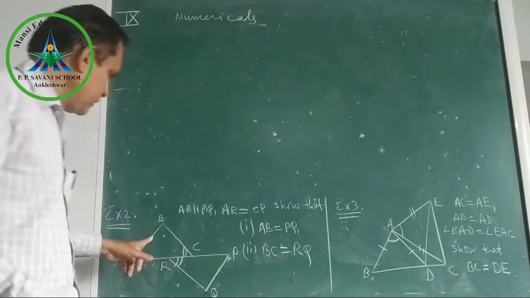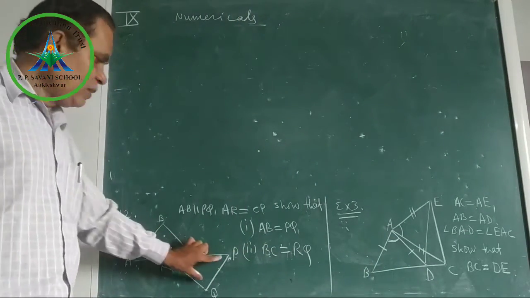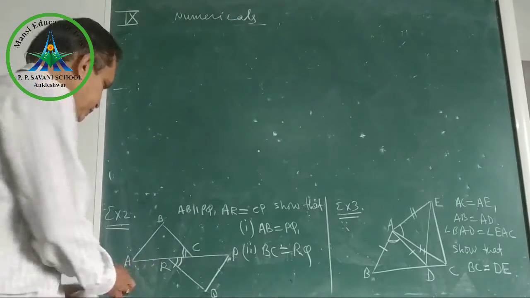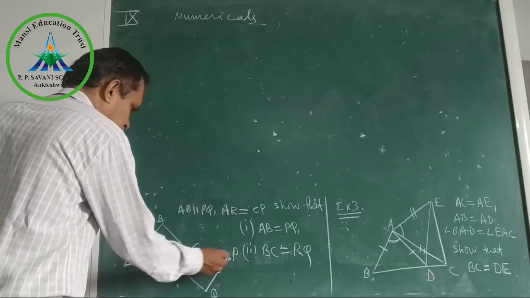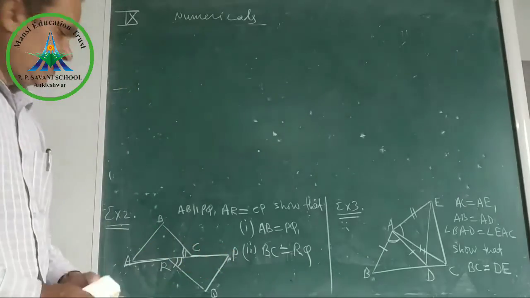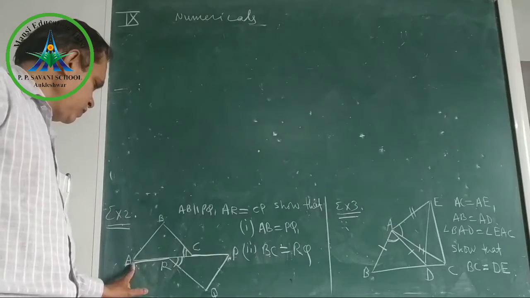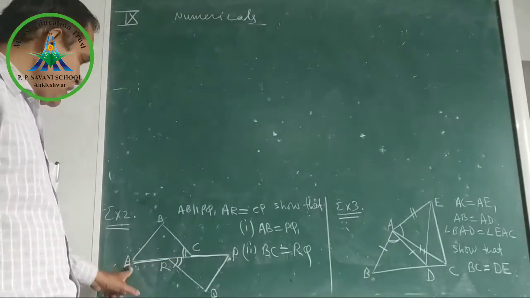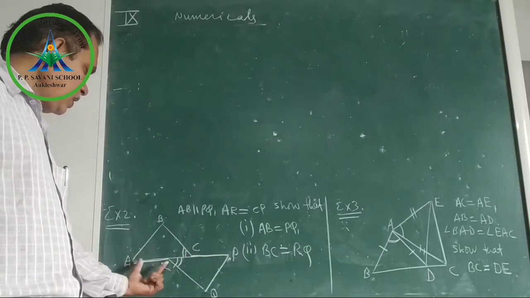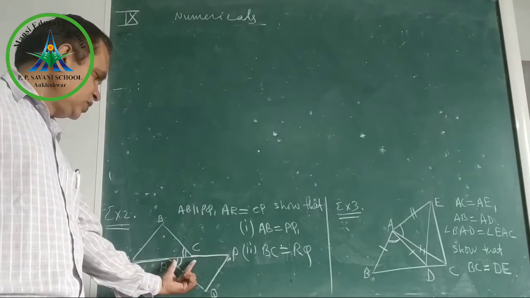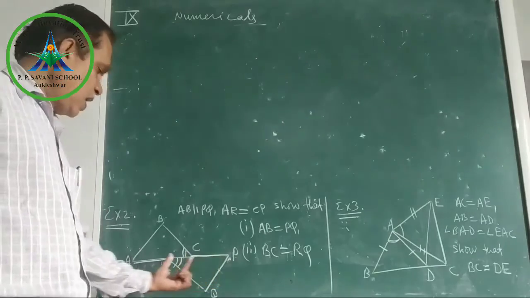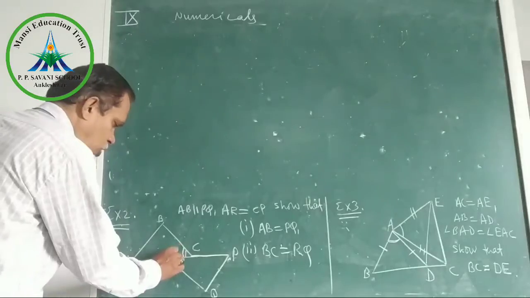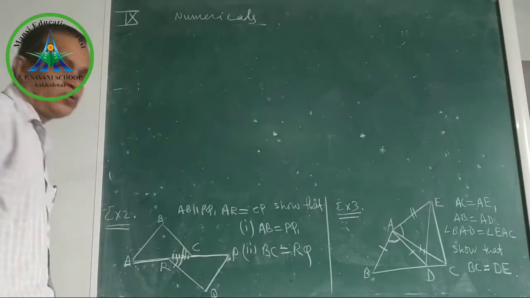Now see, second, AB parallel PQ, AR equal to CP. This much part is equal to this much CP, and in AP, AR plus CR plus CP, and if I take AC and PR, CR is common to both.